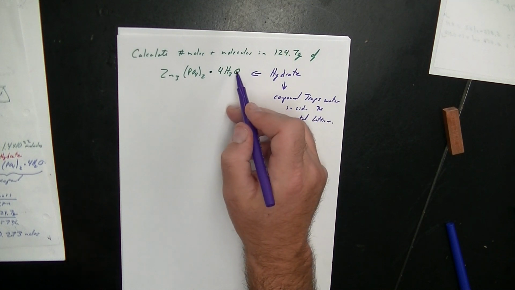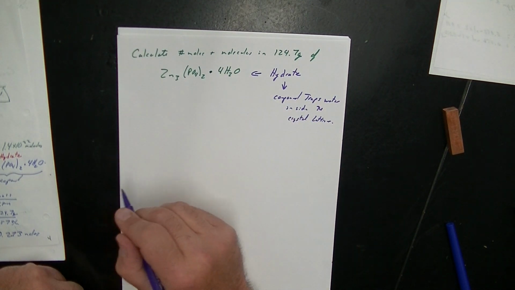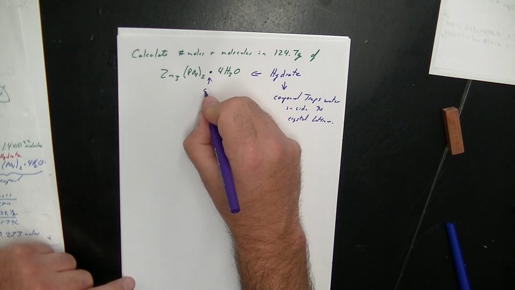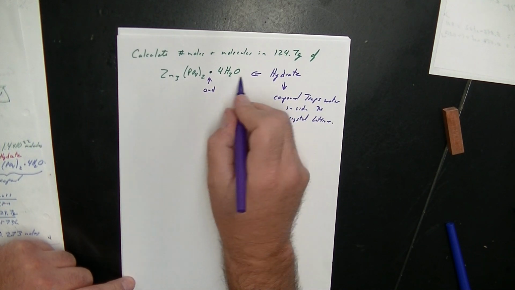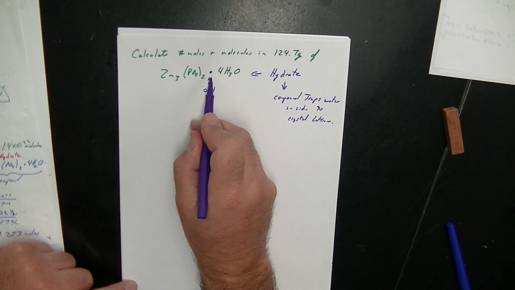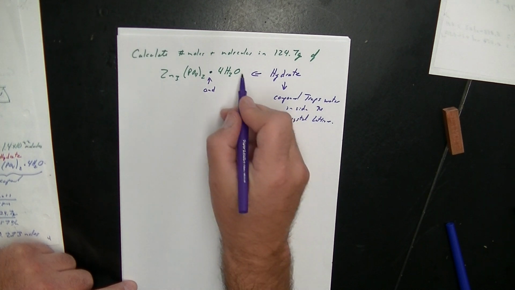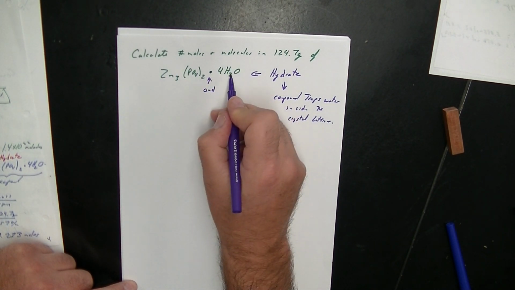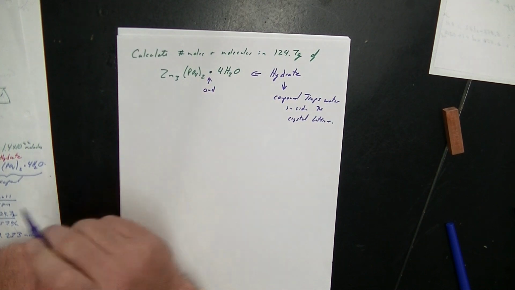You can't see the water molecules, but it does. This dot doesn't mean times, it just means and, or together with. So this is Zn3(PO4)2 and 4H2O. This is one big compound. Okay, so the water becomes part of that compound.